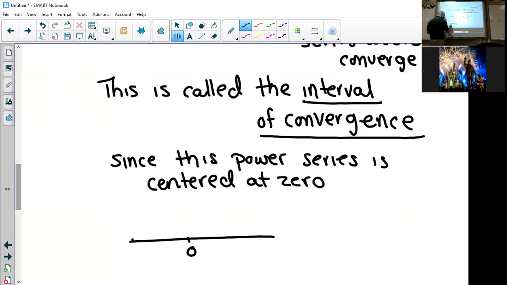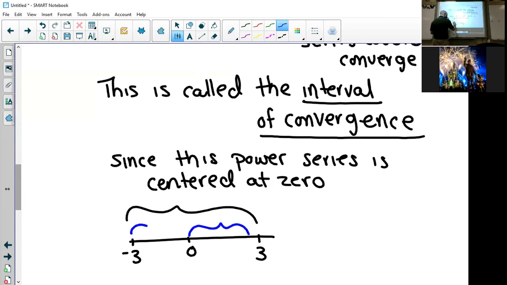Here's 0. We were just saying that it's -3 to 3. Well, this is your interval of convergence. Your radius of convergence is how far from the center you're actually going. So your radius of convergence is 3.